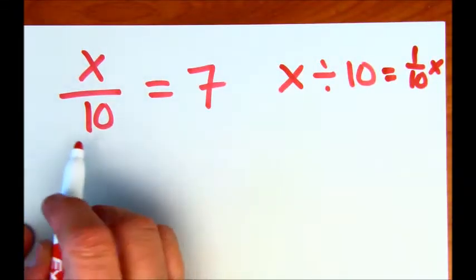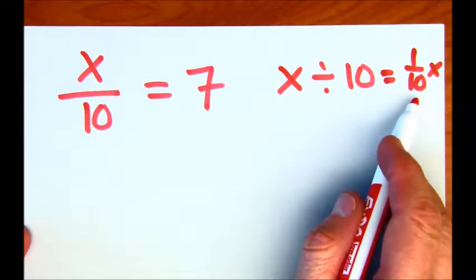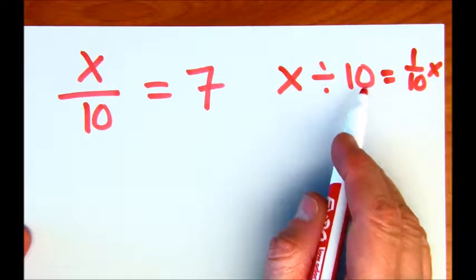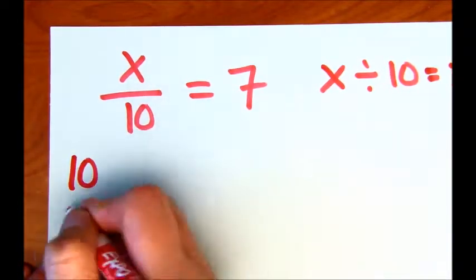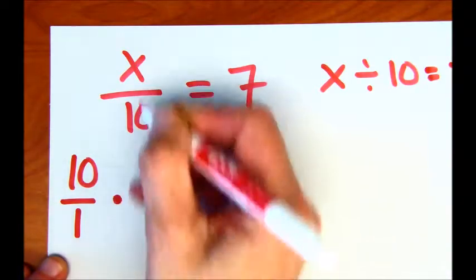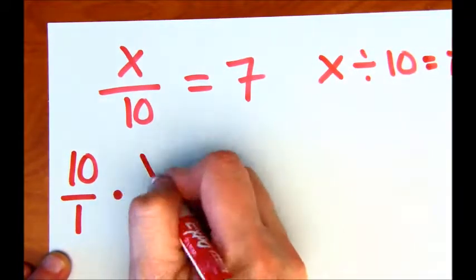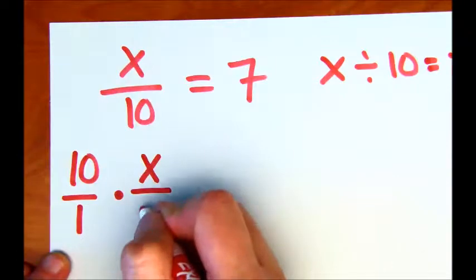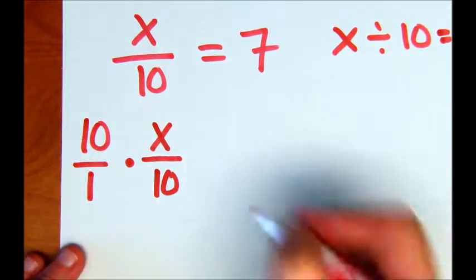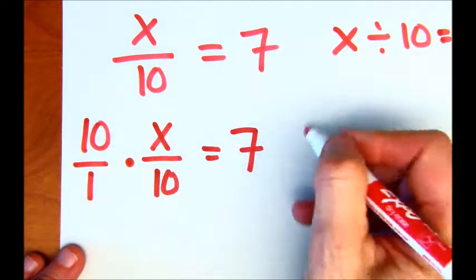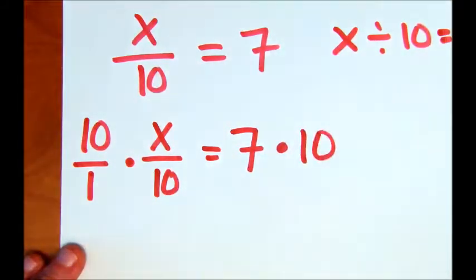So the inverse of 1/10 is going to be 10. So let's multiply by 10. So we're going to go 10, or 10 over 1, because this looks like a fraction, times x over 10. And then do the same thing, 7 times 10.